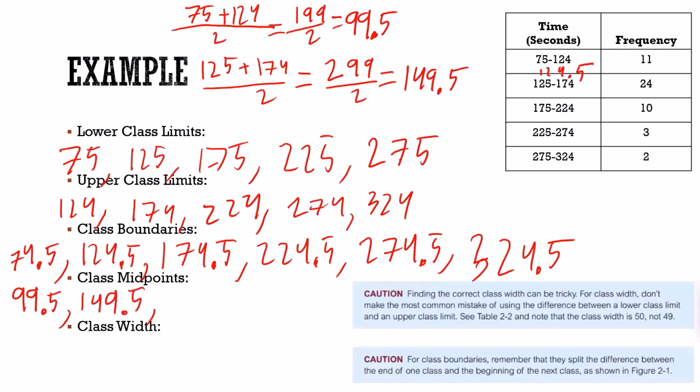Perhaps you can start seeing the pattern. What would the next one be? The next class midpoint would be the center of the third class, and that would be, yeah, notice it's a difference of 50, right? And so on and so forth.